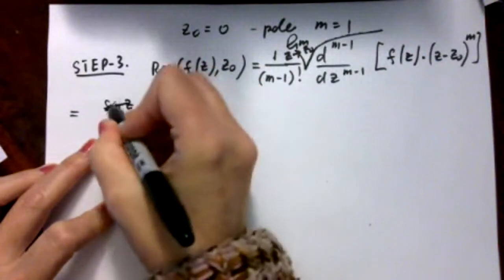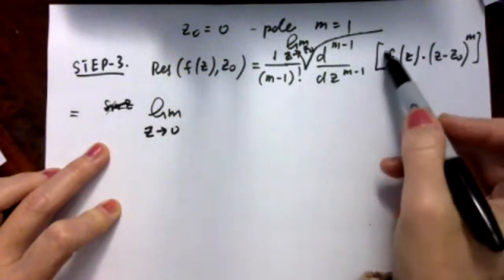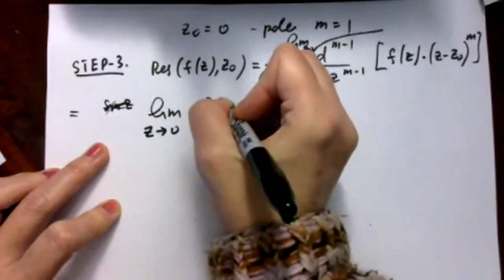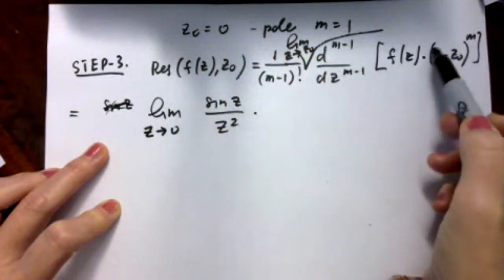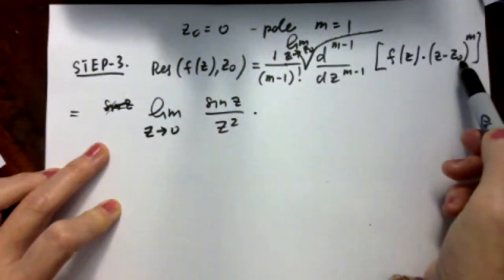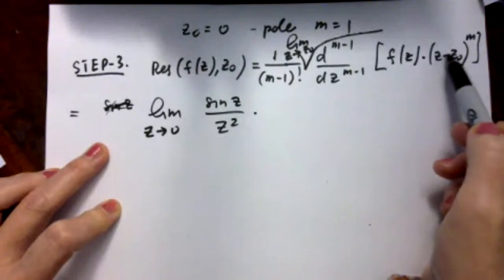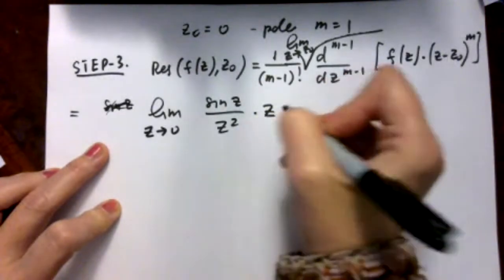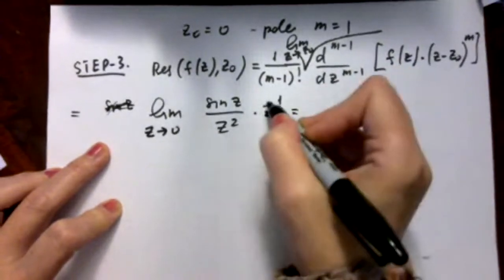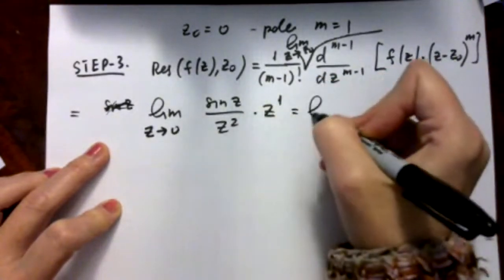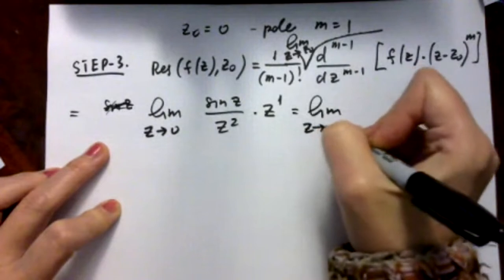So z0 is equal to 0 in our case. And now we need to plug in f of z. F of z is sinus z divided by z squared. And then we need to write this expression, z minus 0. Z0 is 0, that's why z minus 0 is just z, to the power of 1, because m is equal to 1. Okay, now this z and this get cancelled out a little bit.